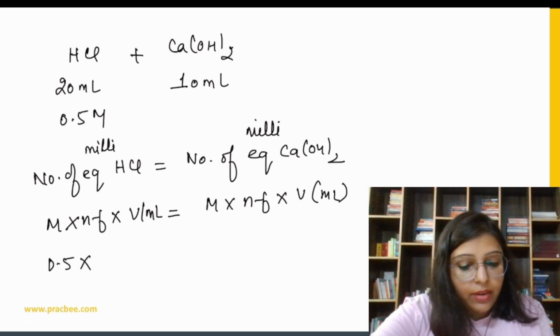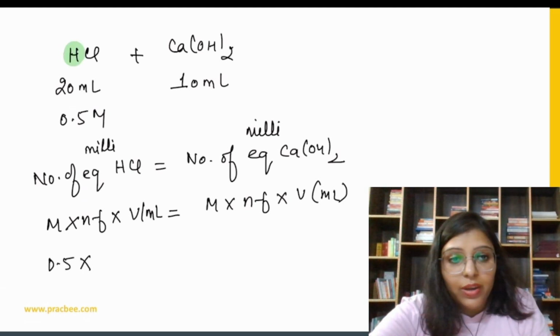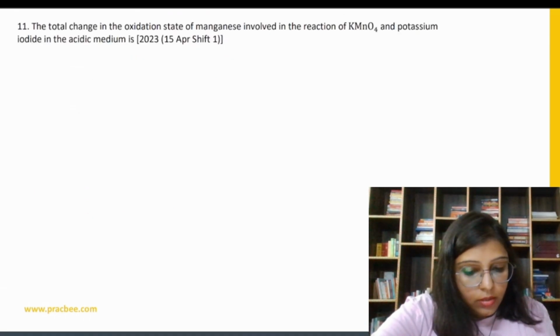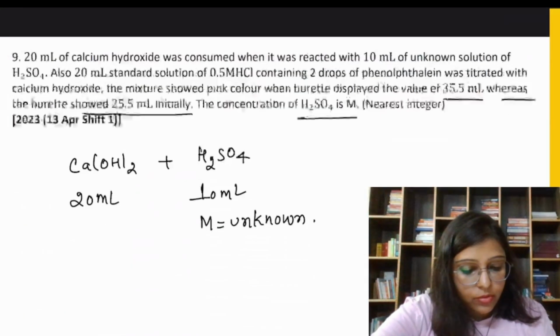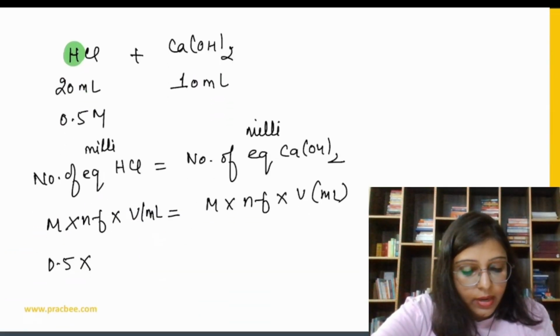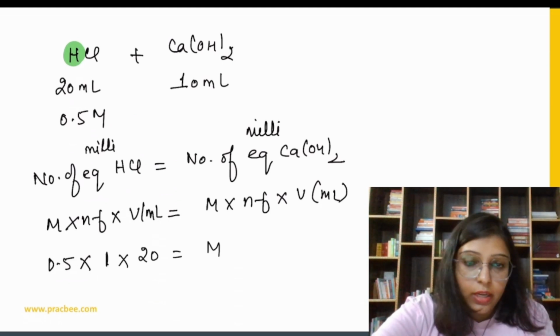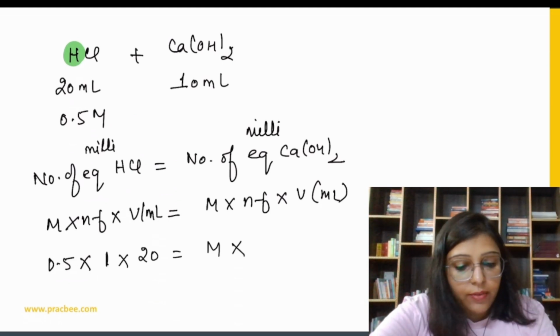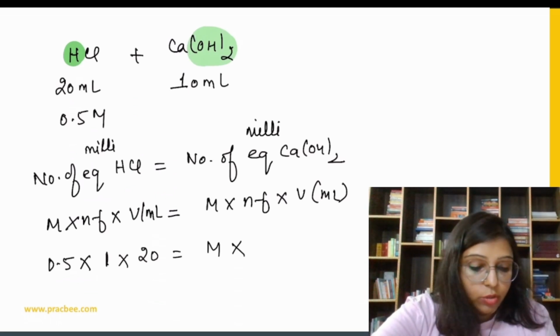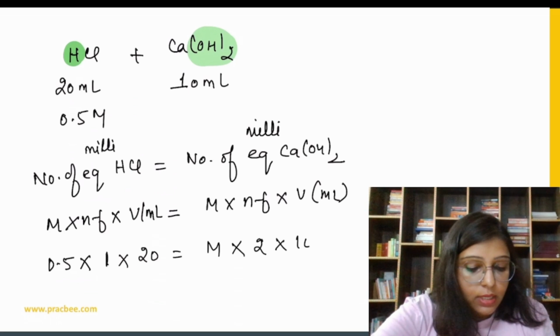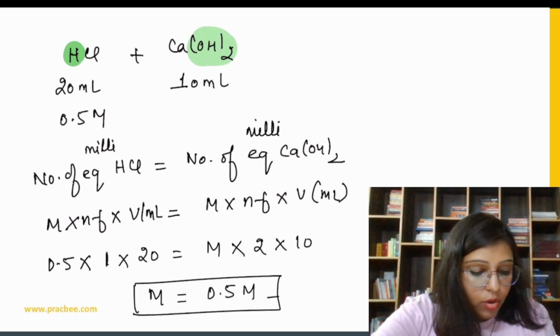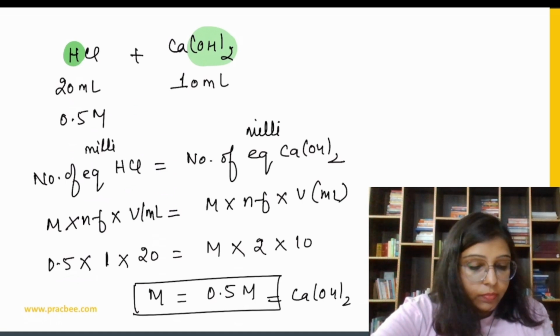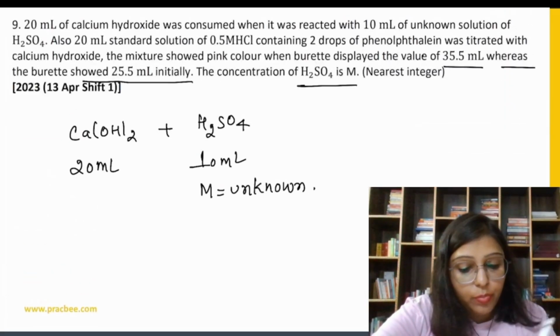Molarity is 0.5, N factor is 1 because of one replaceable H plus, and volume is 20. Here we have to find the molarity; N factor is 2 because we have 2 replaceable OH minus, and volume is 10 ml. On solving, we get molarity equal to 0.5 molar, that is the molarity of calcium hydroxide. Now this molarity we are going to put over here.